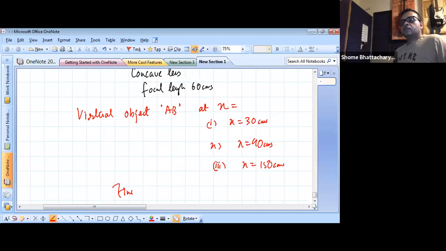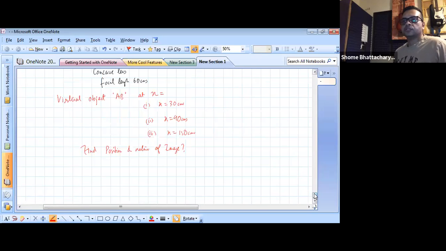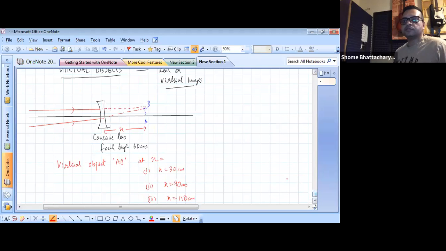Find the position and nature of the image. By nature, again, we mean whether it is real or virtual. So just try this out. Apply the proper sign convention. Remember, the focal length given in the question will never be with sign convention. So it's just the magnitude of the focal length, but it's given that it's a concave lens. So we know that it is a diverging lens.